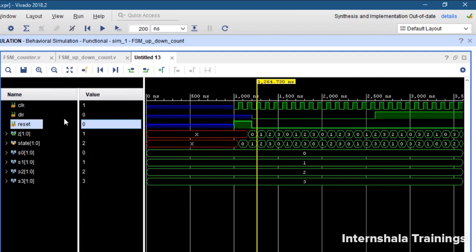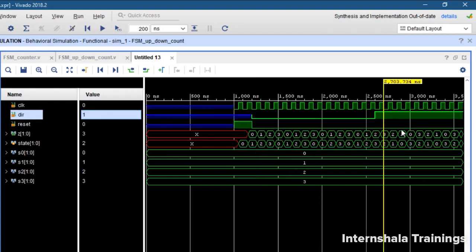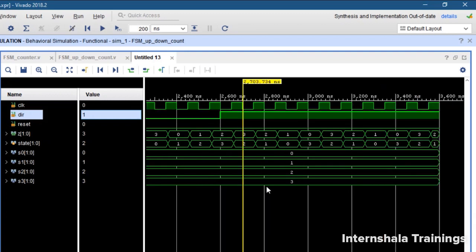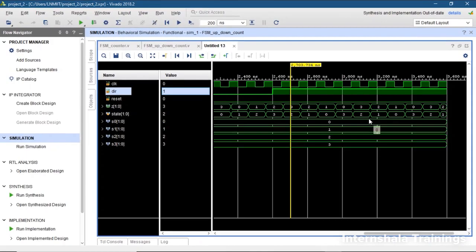Now, after some time, I have set the value of direction to 1 and we start counting down. We are counting down 3, 2, 1, 0, 3, 2, 1, 0 and so on. If I change the direction back to 0, we will start counting up.